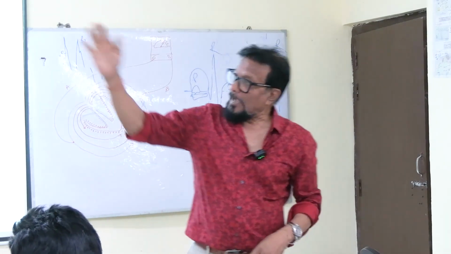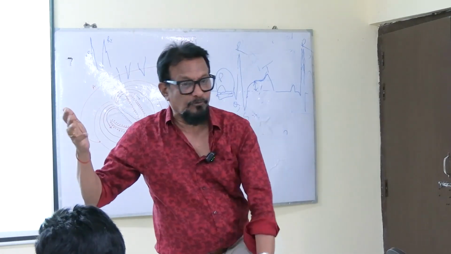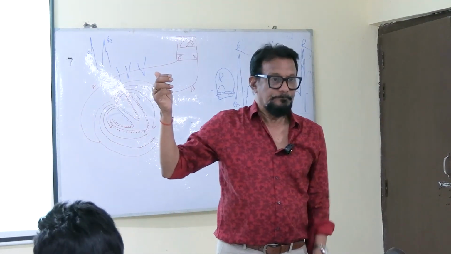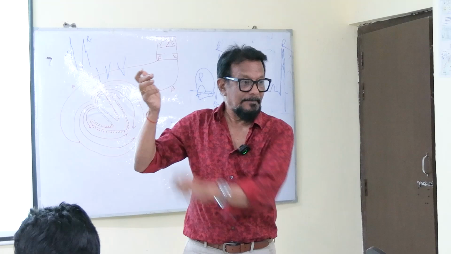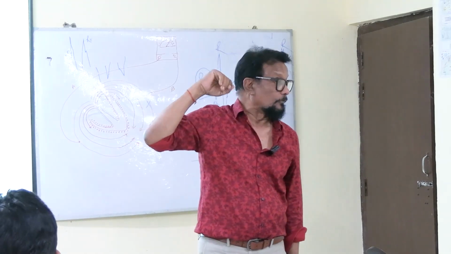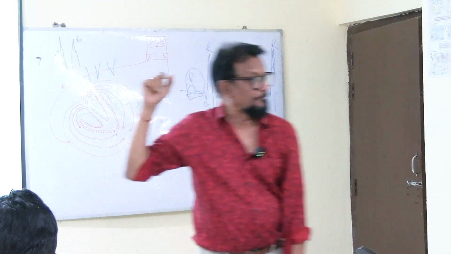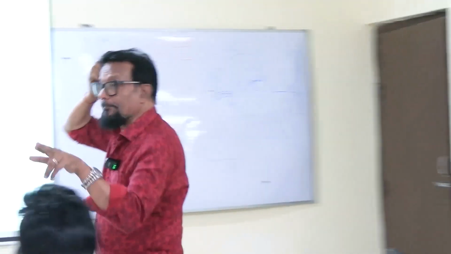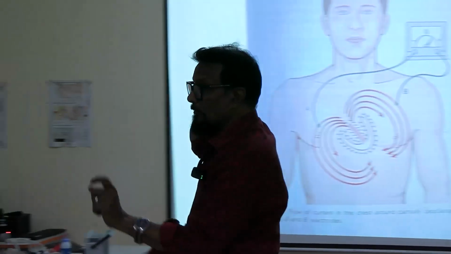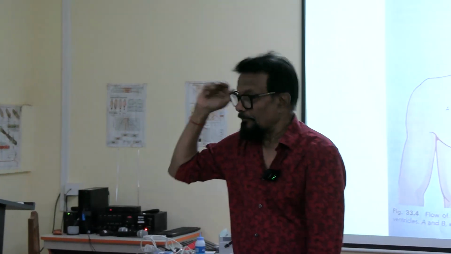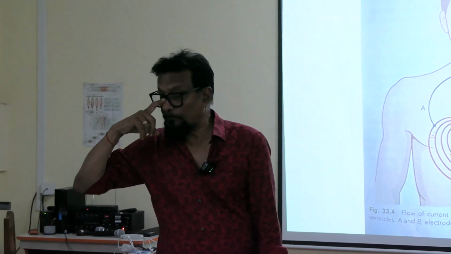Again, for lead 2, I will connect my right hand with the left foot. Left hand, right hand, left foot. It is for lead 2 connection. The positive electrode will be on the left foot. So this is lead 2.